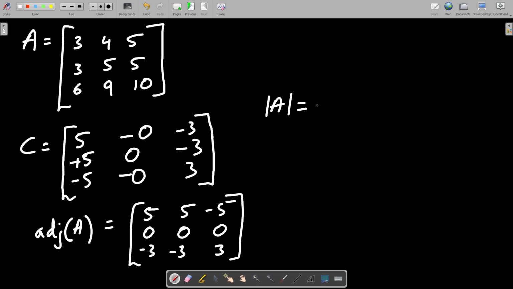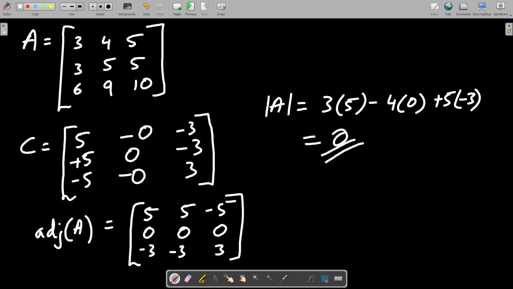Determinant of A, I'll just do it. This is going to become 3 into 5 minus 4 into 0 plus 5 into minus 3, which will give you a 0. Okay, so determinant is 0, hence this one's inverse does not exist. Because the determinant is 0, we say that A inverse does not exist.